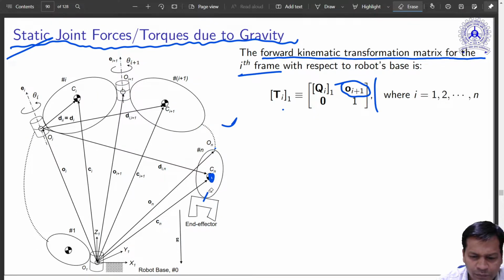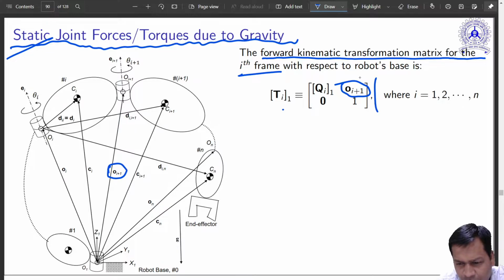Okay, done. So now this is O_(i+1), given over here. That is the frame which is attached to link i, the (i+1)th frame, and that location is there. This orientation is basically the orientation of the frame which is here. It has its own z axis, pointing along the axis of rotation for the next link.